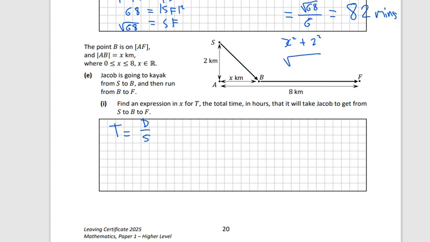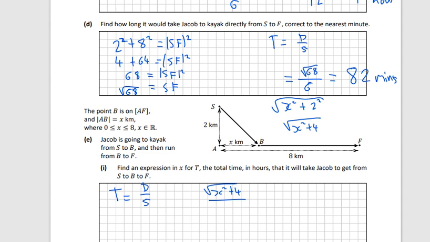Therefore, that is root x squared plus 4, all over the speed again, because he's still kayaking, so it's still going to be 6.